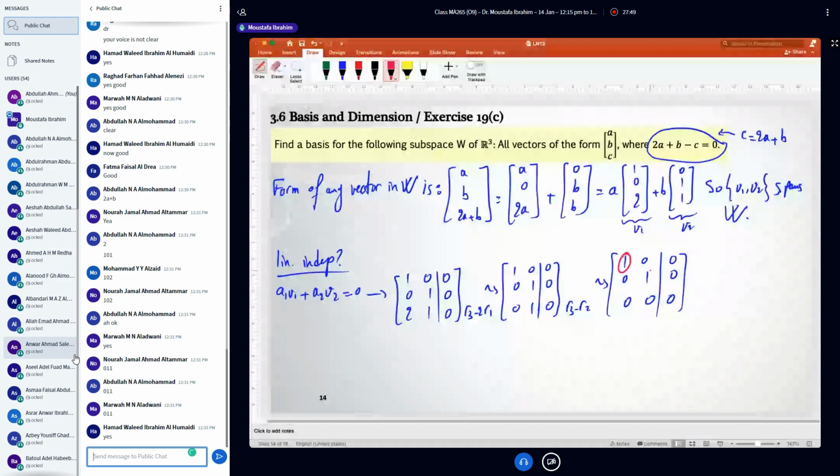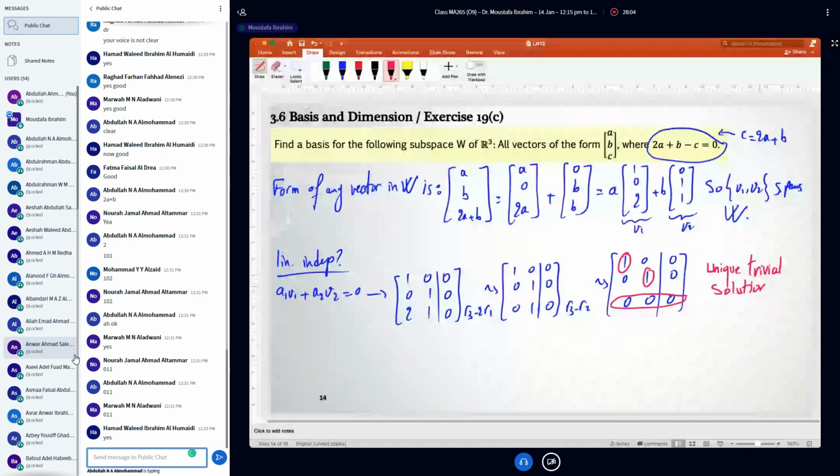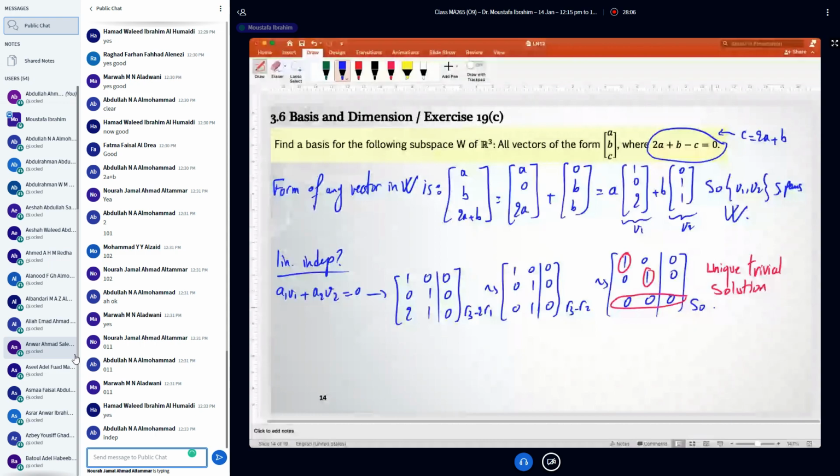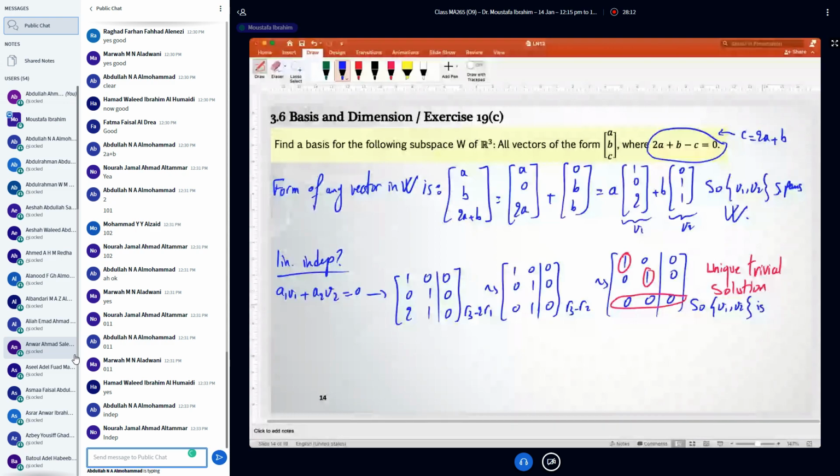So we have a unique trivial solution. So is it linearly dependent or independent? Very good, it is linearly independent.